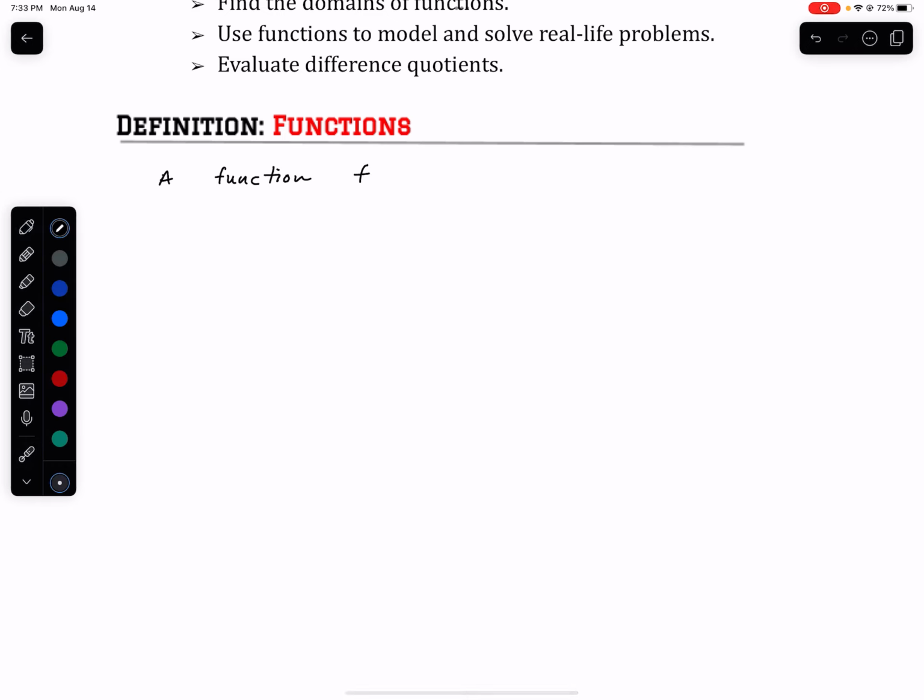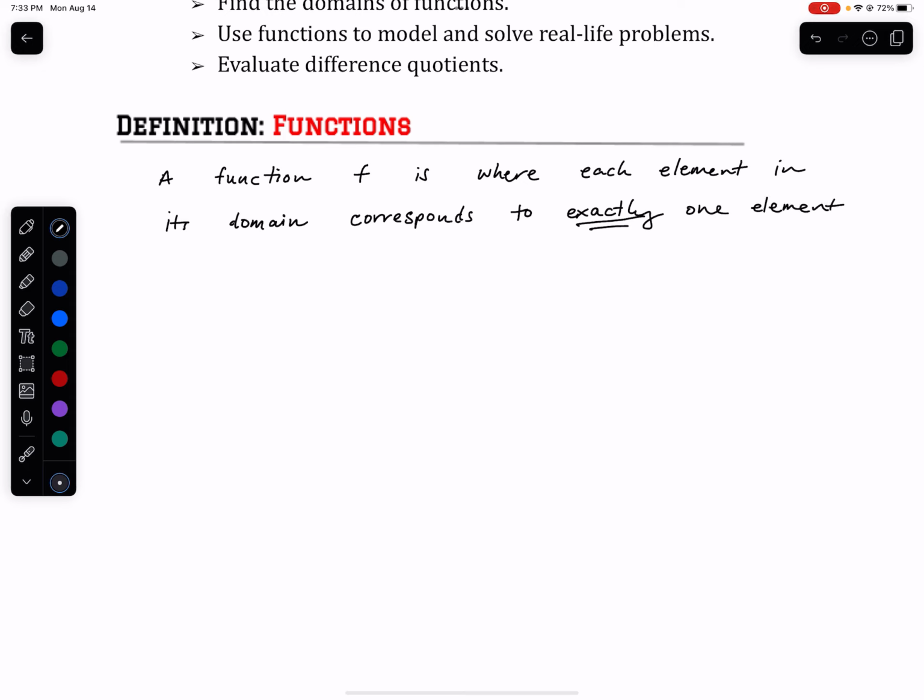A function f is where each element in its domain corresponds to exactly one element in the range.